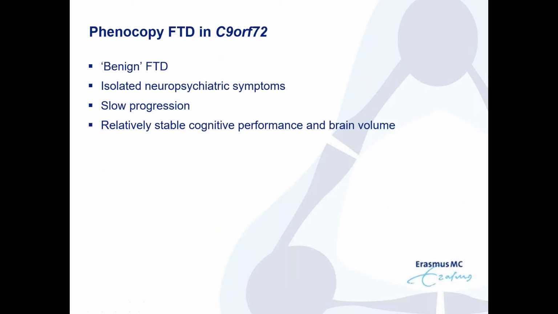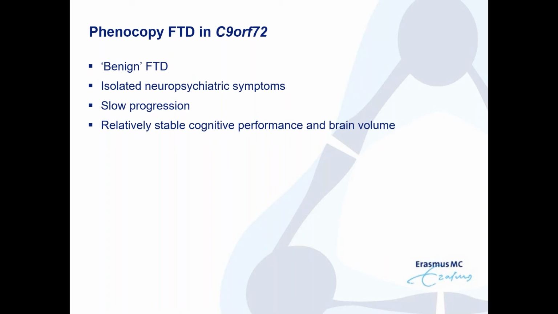Phenocopy FTD is a kind of benign form of FTD, which is characterized by relatively mild neuropsychiatric symptoms and cognitive decline, with a very slow progression over time. Also, cognitive performance on neuropsychological investigation and brain volume measured with MRI are relatively stable over time.